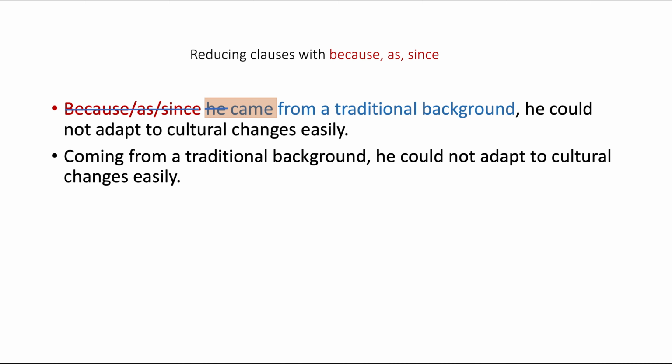Remember, the only subordinate conjunctions that we can remove in the reduced clauses are when and as that refer to time, and because and as and since that refer to reason. So it's not very difficult to distinguish between a time reference and a reason reference. And sometimes even both of these happen at the same time.